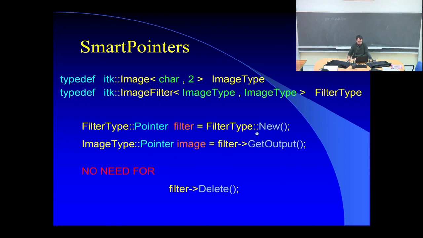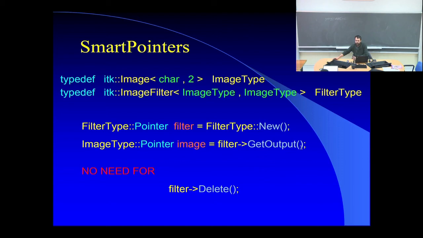And then what this line is doing is creating an image. We are not doing image type, 2 colons, new. What we're doing is, because we have a filter that provides an output, we assign to this image the output of the filter. When did you give the image to the filter?